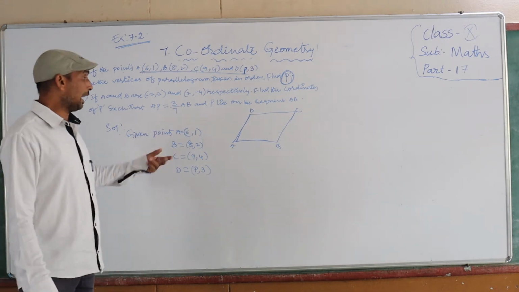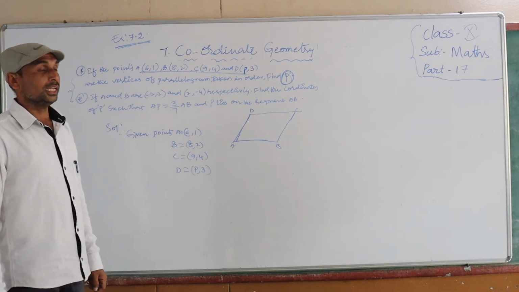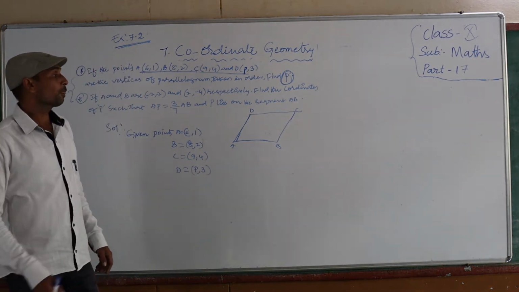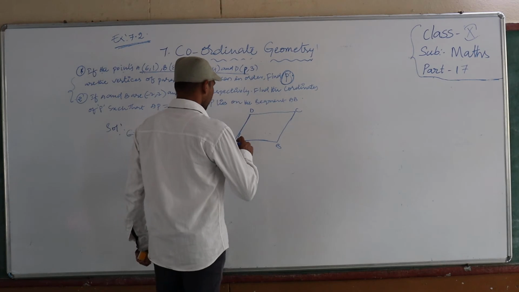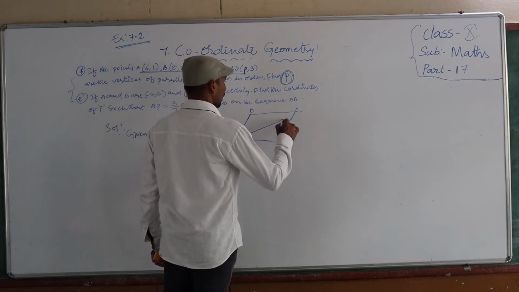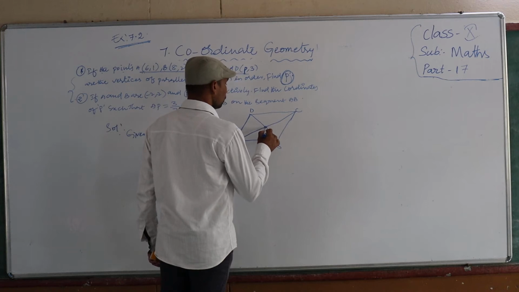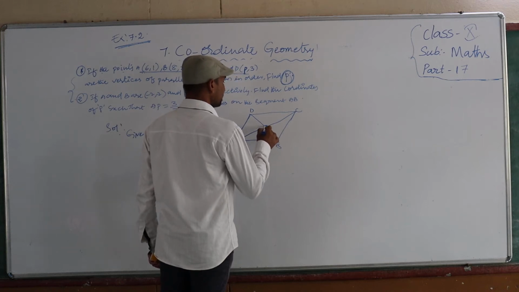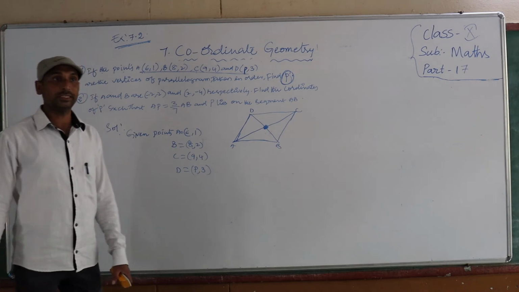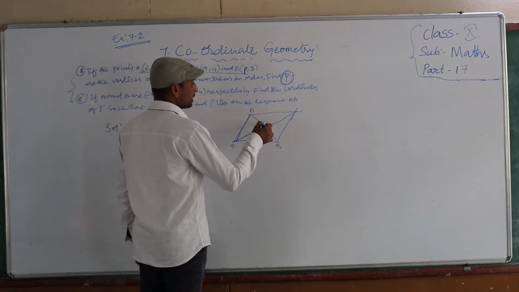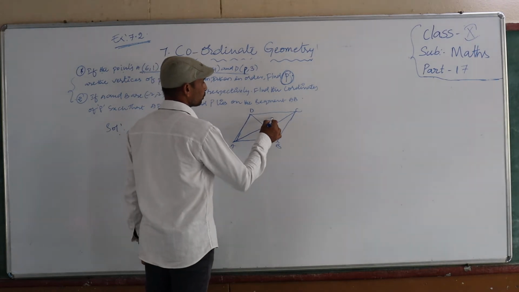So if they give four points and ask to find any variable, here is one condition I am taking: the diagonals. These two diagonals intersect at a point, which means both diagonals intersect at one point.